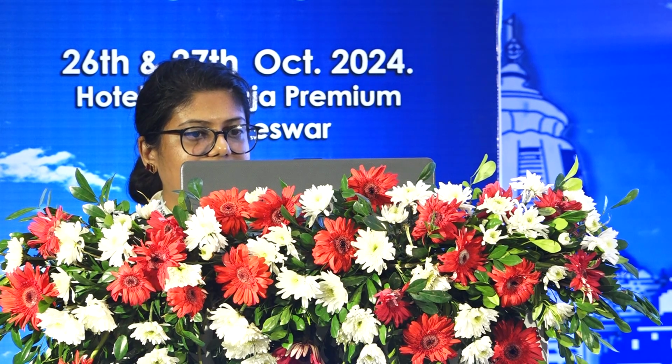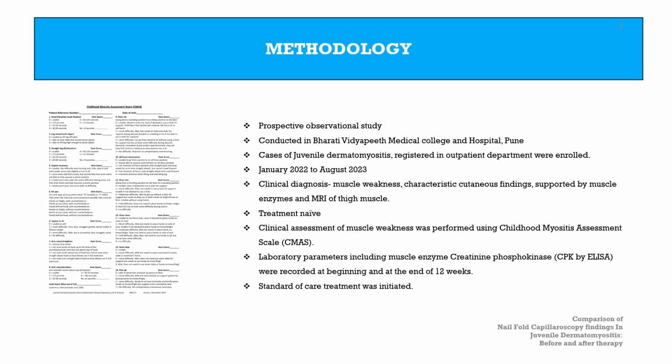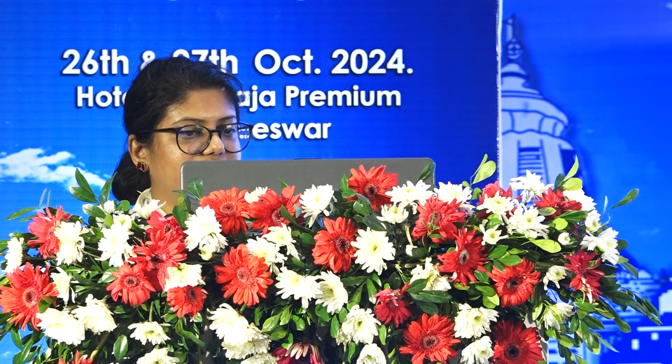They were all treatment naive, and clinical assessment of muscle weakness was performed using the Childhood Myositis Assessment Scale. Laboratory parameters including muscle enzyme, creatine phosphokinase by ELISA, were recorded at the beginning and at the end of 12 weeks. Standard of care treatment was initiated.